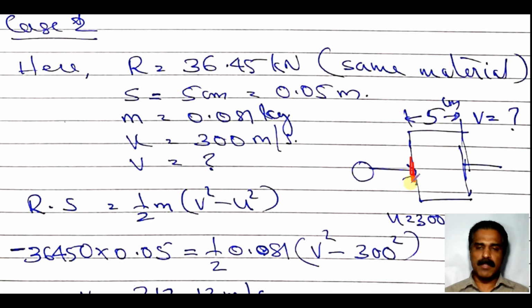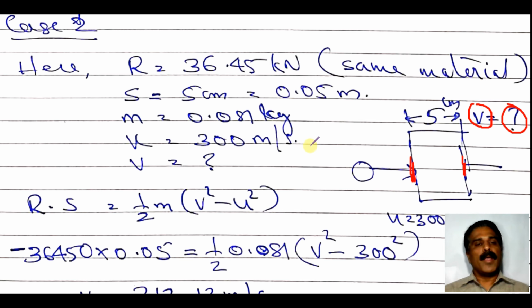That is, at this point u is equal to 300 as in the previous case, and it is traveling through 5 centimeters, the total thickness of the block, and it will reach here and obviously come out with some velocity. That velocity is v, that we need to find out.